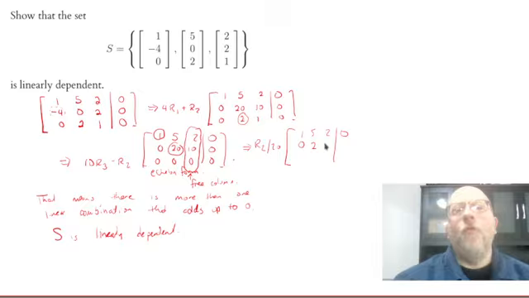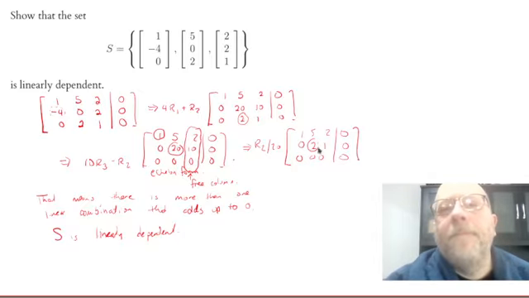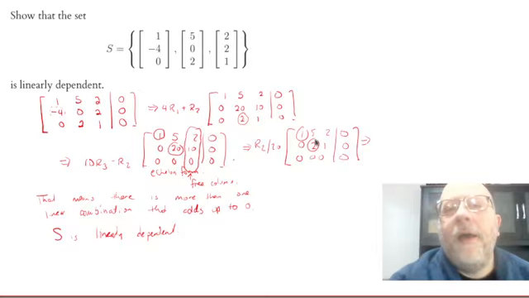0, 2, 1, 0, 0, 0, 0, 0. There's my leading entries. Now I want to cancel this 5. So I'm going to take 2 times row 1 minus 5 times row 2. That's going to temporarily mess up the 1, but we can fix that later.